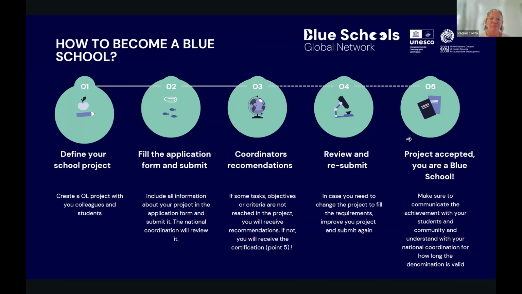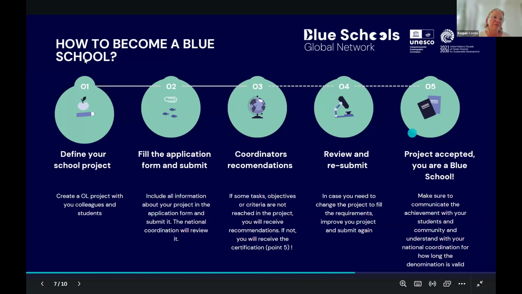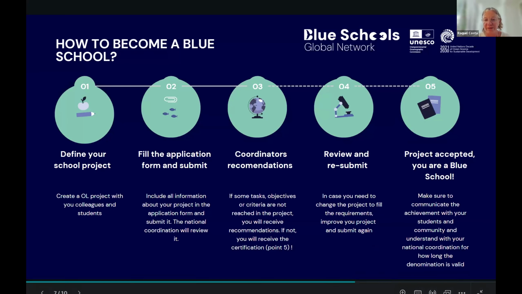So the national coordination will review your application, and they will make some recommendations or not. If not, you will receive the certification right away. If you need to change something in the project, you interact with the national coordination, and resubmit again when the national coordinator tells you that it's okay. So when your project is accepted, you are a blue school.